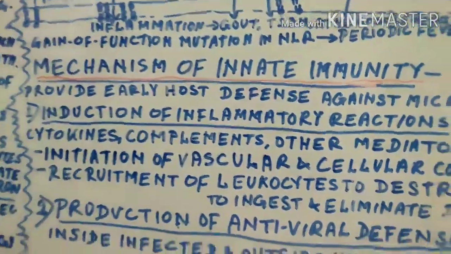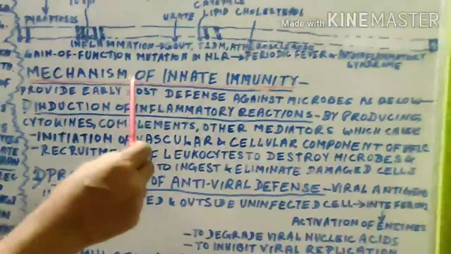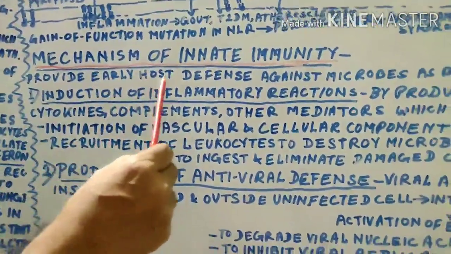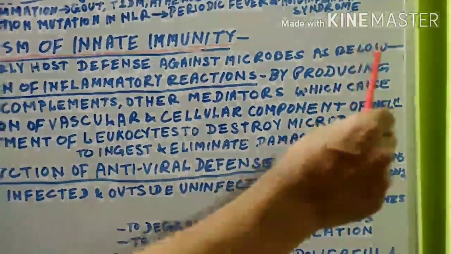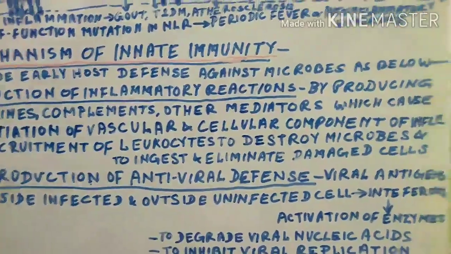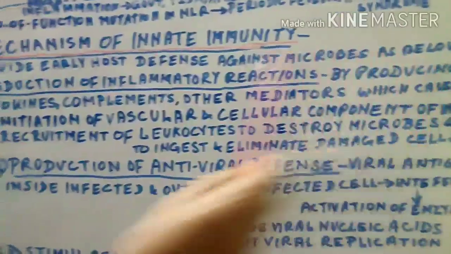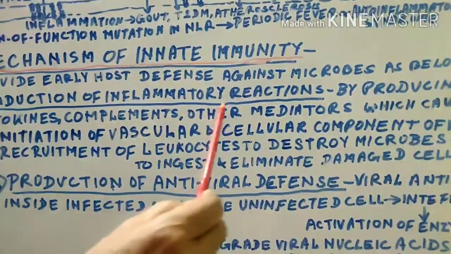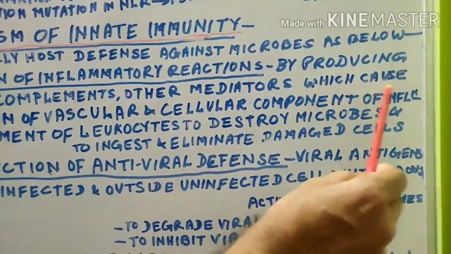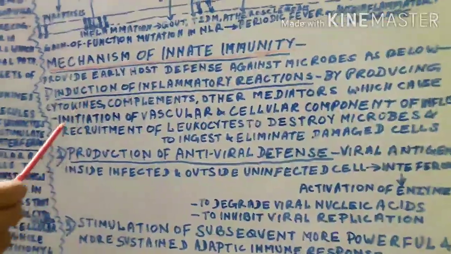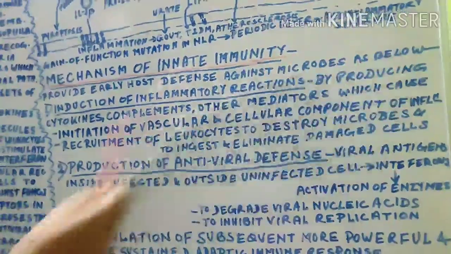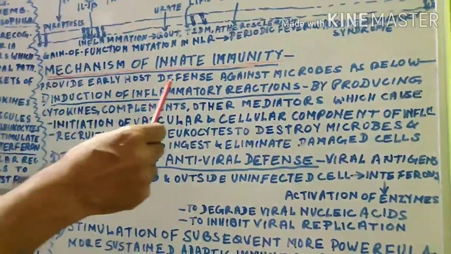After finishing the receptors of innate immunity, we come to the mechanism of innate immunity. Innate immunity provides early host defense against microbes as below. Number one is the induction of inflammatory reactions.